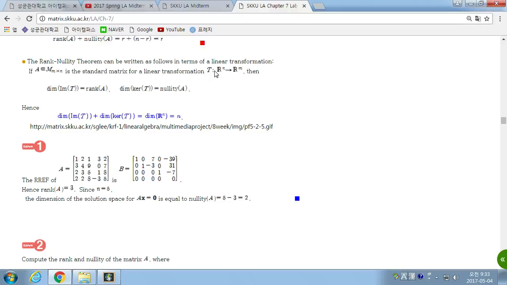So we can think of this rank nullity theorem not only for the matrix A, but also for the linear transformation T, which is T of x equals Ax. In that case, the theorem can be written in this way, because the dimension of the image of T is the rank of A, and the dimension of the kernel of T is the nullity of A. So the addition of these two should be n, which is the dimension of the domain Rn.